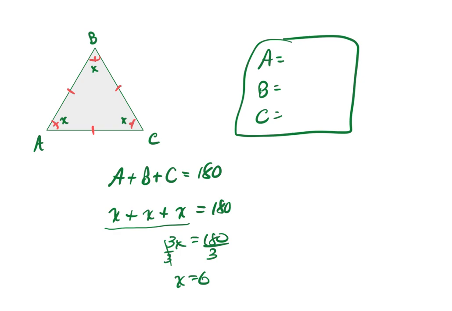So that means x, in other words, each individual angle must be 60 degrees. So anytime we ever have an equilateral, equiangular triangle, all of the angles must be 60 degrees.